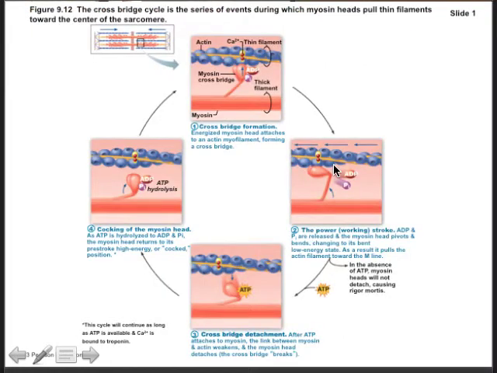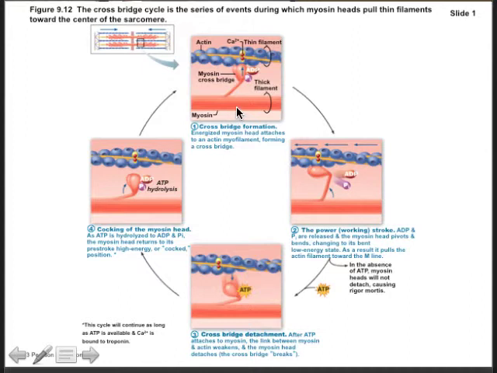And what this is just showing you here is how we engage in cross-bridging and attachment, power stroke, and then detachment. Okay, so we start here assuming that the tropomyosin has been removed from between the actin and the myosin.